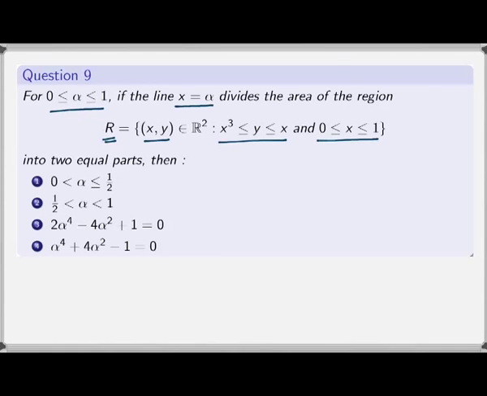To solve this, we shall try to first draw the region R. Let this be our x-axis and this be our y-axis. Next we draw the graph of y is equal to x cube. Then we draw the graph of y is equal to x.